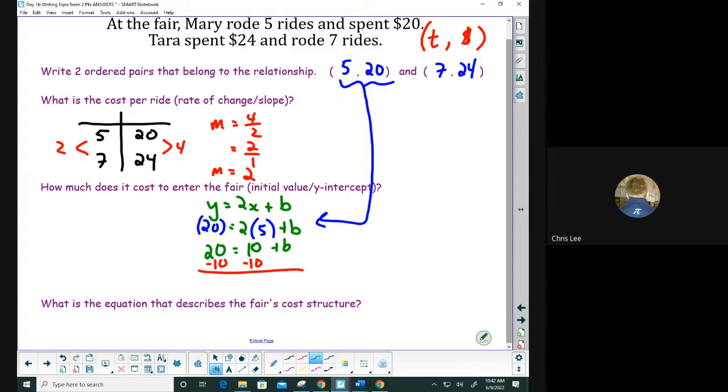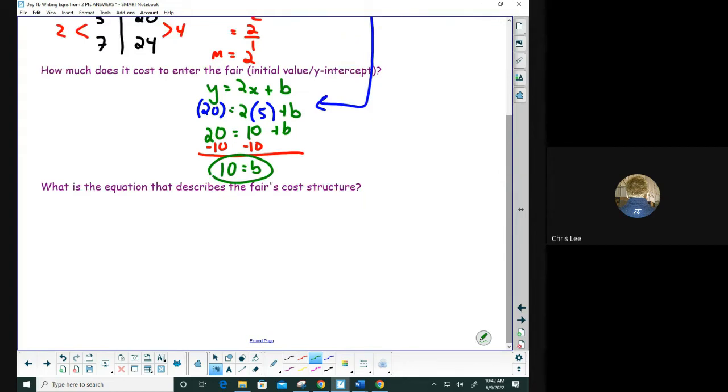So it equals 10. I just figured out up here the slope was 2. I did the math to figure out that the y-intercept is 10. So therefore my equation is y equals 2x plus 10. Very good.